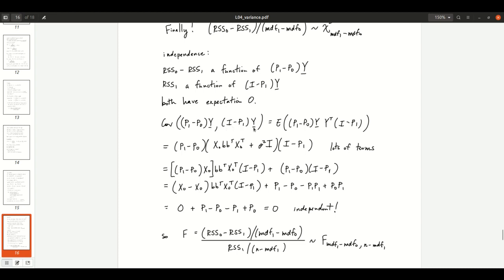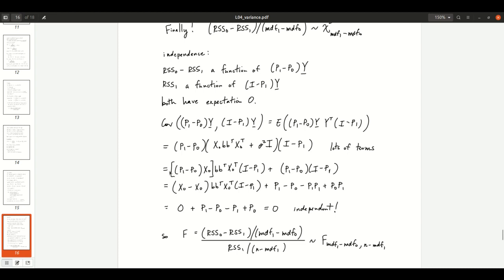These have mean 0. So the covariance between them is just the expected value of the first one times the second one transpose. We pull out this thing and this thing. We get this times the expected value of y transpose, which is this quantity. And then we still have this on the right.